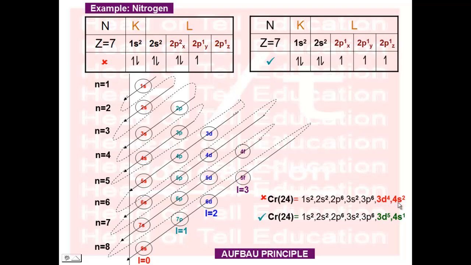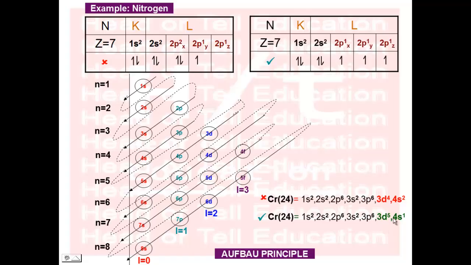Now 3d4 and 4s2, so here 3d4, where the d value of electrons is 4, and 4s2 has 2 electrons, but this is not stable. The reason is that the d subshell is incomplete, so the correct one is 3d5, because here we are using Pauli's rule and Hund's rule.